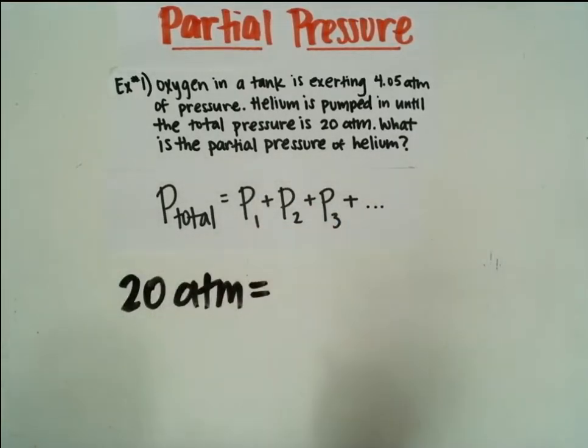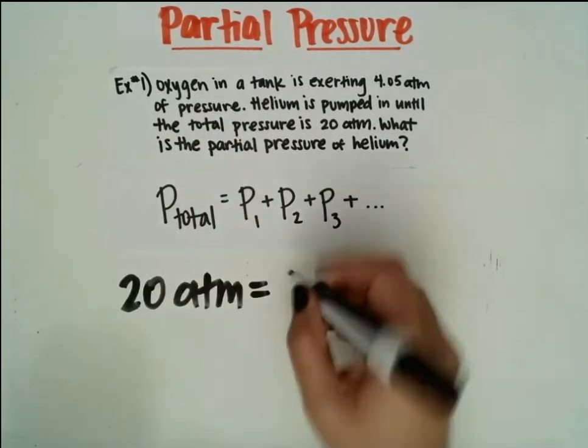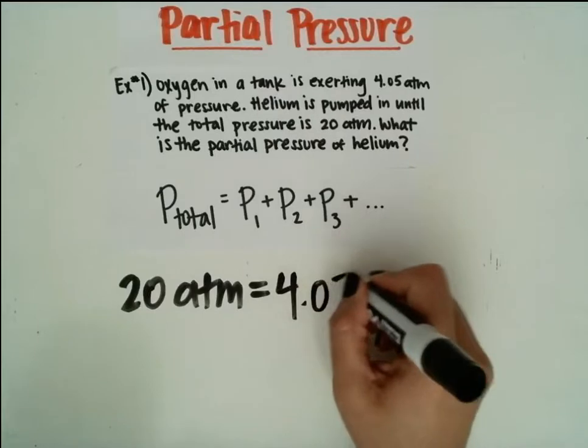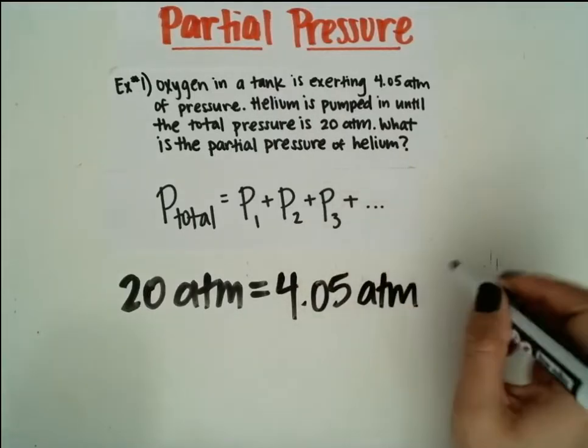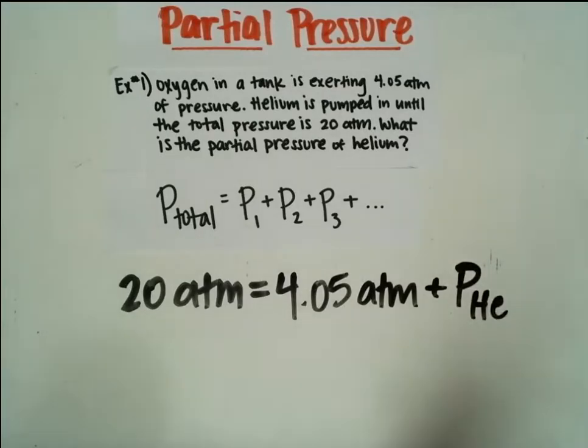That is equal to the partial pressure of oxygen, which is 4.05 atm, plus the partial pressure of helium, which we don't know, and that's what we're solving for. Because this is being added to 4.05 atm, I'm going to do the opposite and subtract it to the other side so that I get the partial pressure of helium by itself.